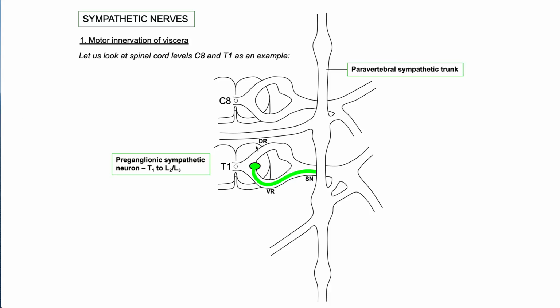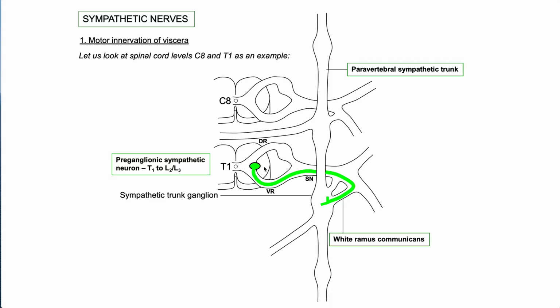This is a paravertebral, means parallel to my vertebrae. I have a chain made up of these ganglions. So we call it sympathetic ganglion, and this is a sympathetic trunk. Look at this spinal nerve, which I'm showing you only the sympathetic component. It relays here in the sympathetic trunk ganglion.